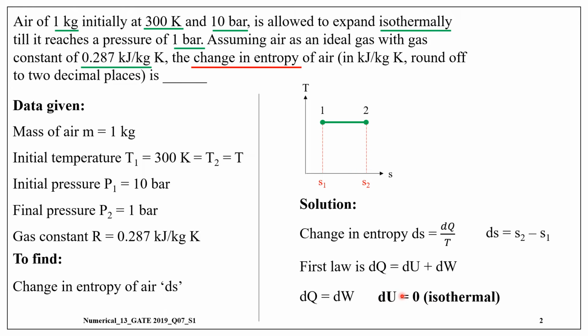Internal energy is a function of temperature only, and hence dE equal to 0. Therefore, to find the quantity dq, to calculate change in entropy, we need to find the work transferred during the process 1 to 2.